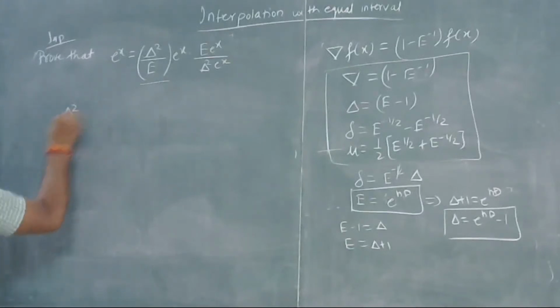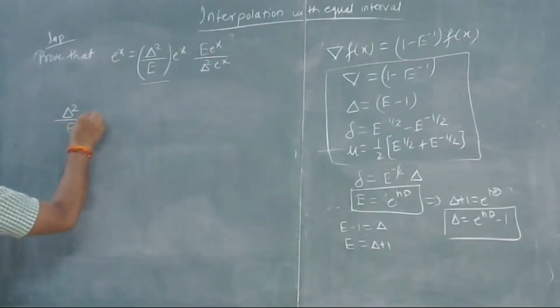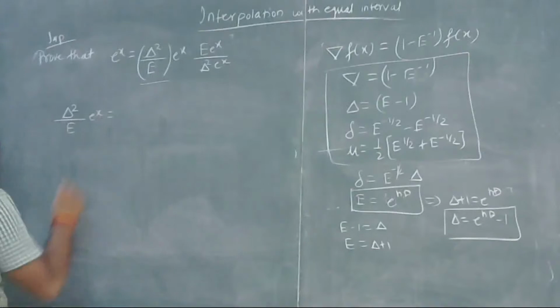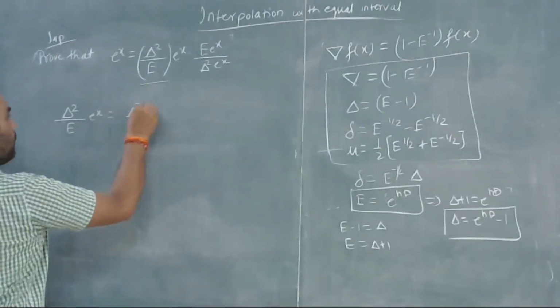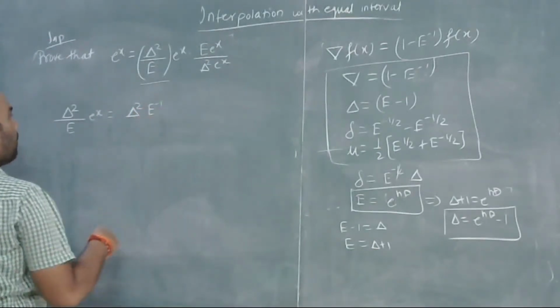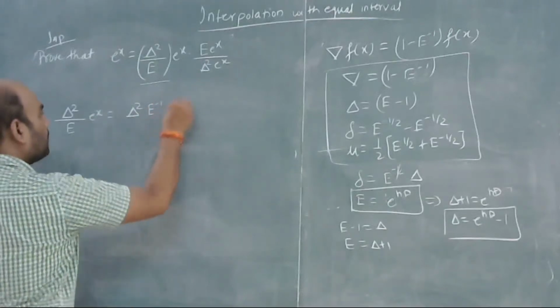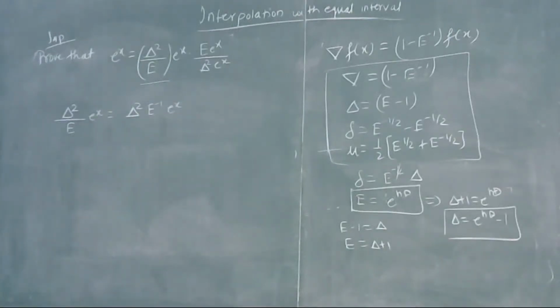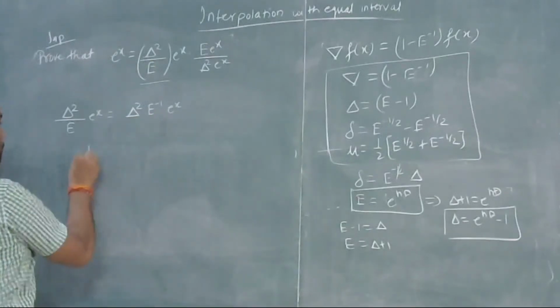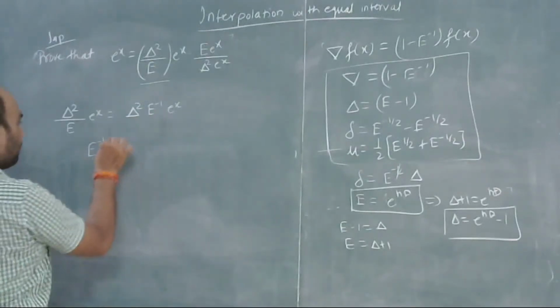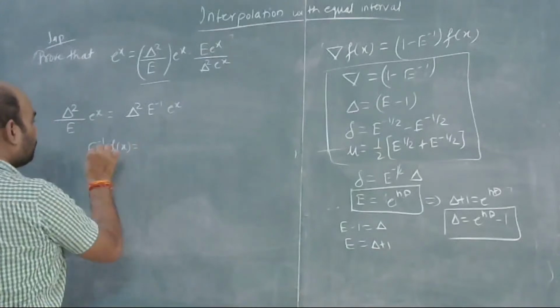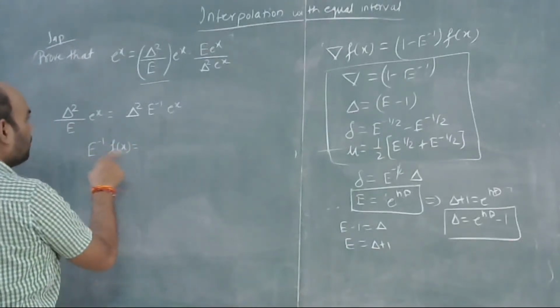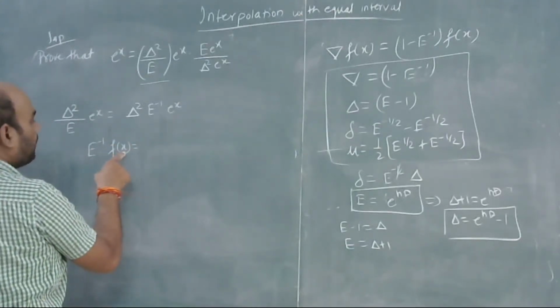So del square e by e to the power x, we can write as del square e to the power minus 1 e to the power x. And what we know, e to the power minus 1 f of x will decrease the value of x by h.